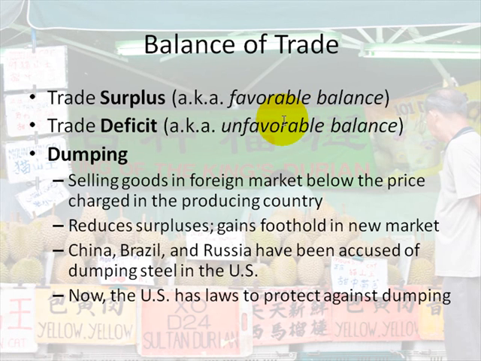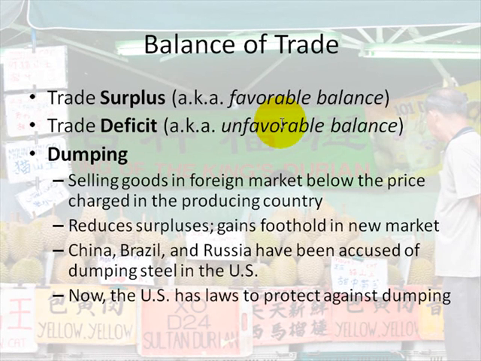So you're exporting more than you're importing. A trade deficit, also known as an unfavorable balance of trade, is when the reverse is true. It's when you're not exporting that much, but you're importing a whole lot. And the deficit is where the U.S. operates on a pretty normal basis.